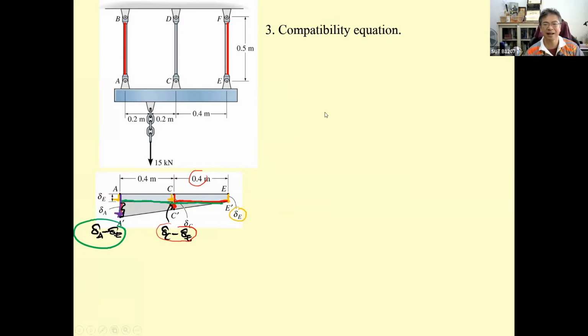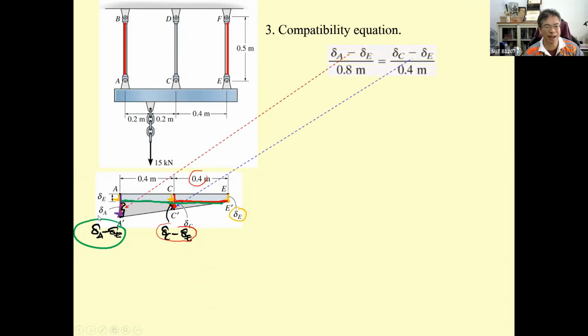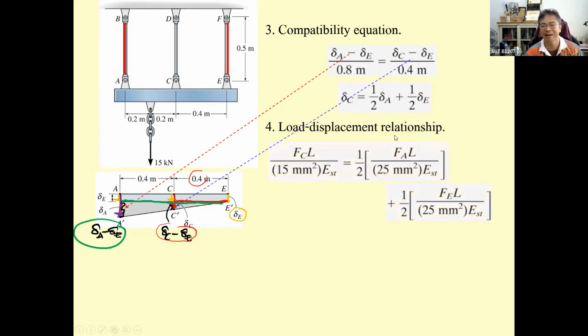So by similar triangle, this green divided by 0.8, this red divided by 0.4, and rearranging the equation, you get this one. Now, it's not in the form of force. It is our duty to use the force displacement relationship, and be very, very careful and put everything together. You get this equation. That is the third equation now.